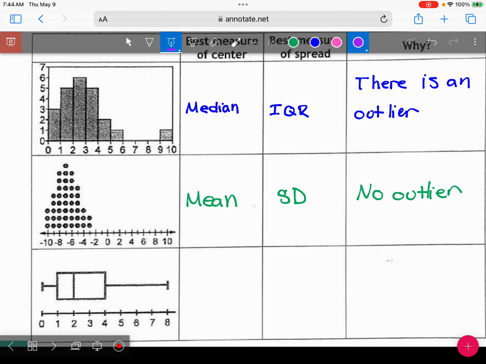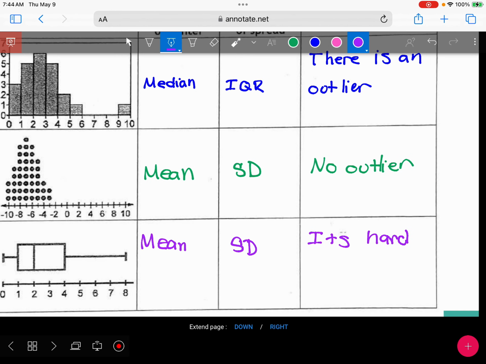So if we're not sure, go with mean. If we use mean, that means we use standard deviation, and it's really hard to tell if there is an outlier.